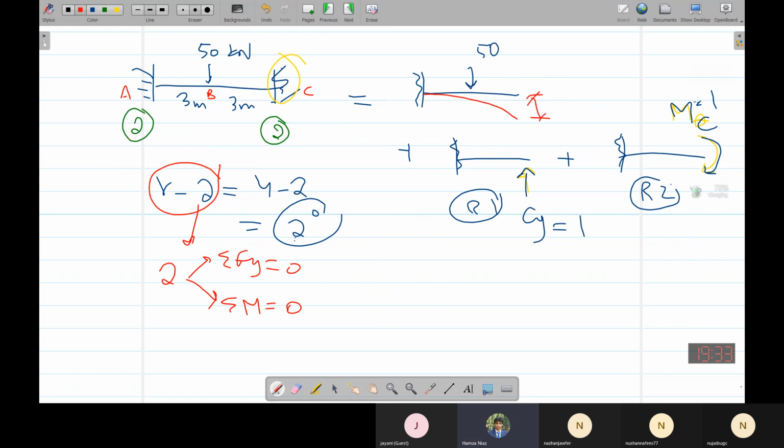This is point C and this is point B. We call this deflection delta C and this deflection here delta B. These forces are upward, so it will cause it to deflect in this way. We can call this delta dash CC because it is the deflection at point C produced by load at point C.